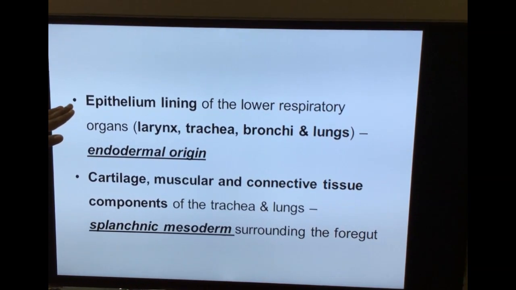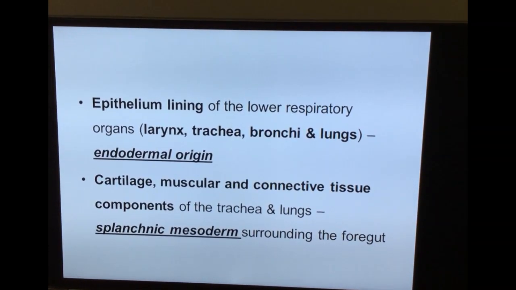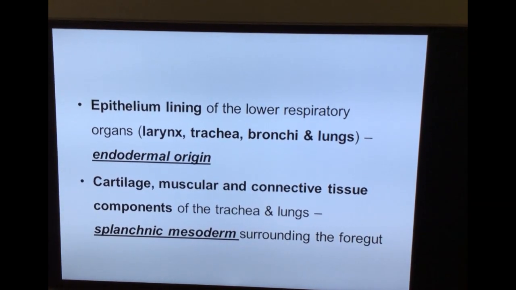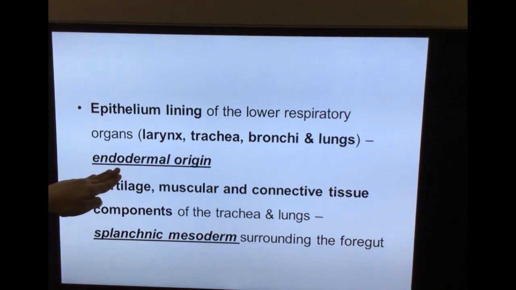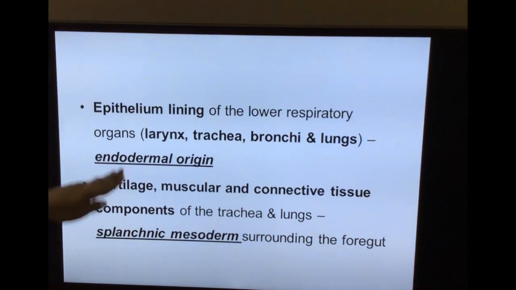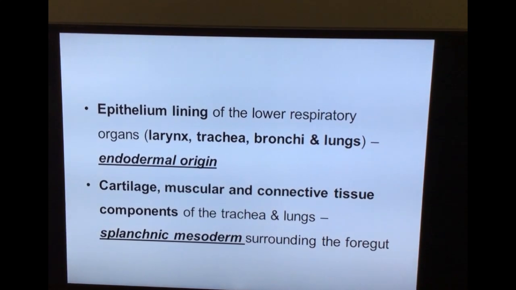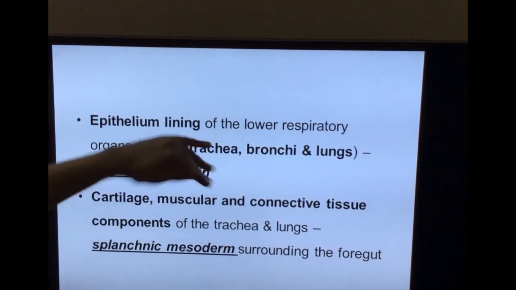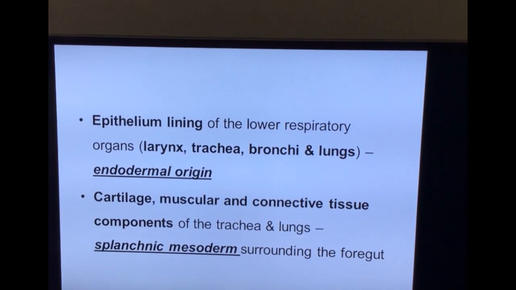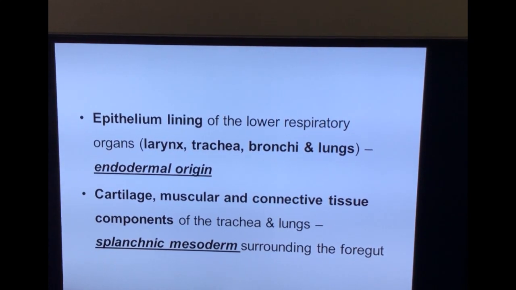The type of epithelium lining the lower respiratory tract is pseudostratified ciliated columnar epithelium. They are endodermal in origin, and the rest, the cartilage, muscles and connective tissue of the trachea and the lungs, are from the mesoderm surrounding the foregut. Here I have mentioned the mesoderm is splanchnic mesoderm.